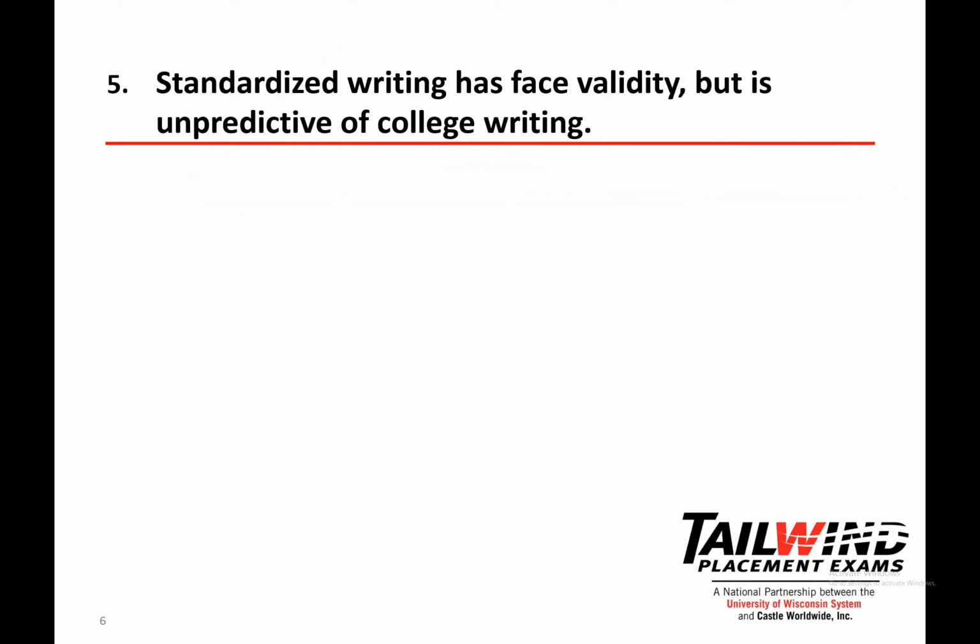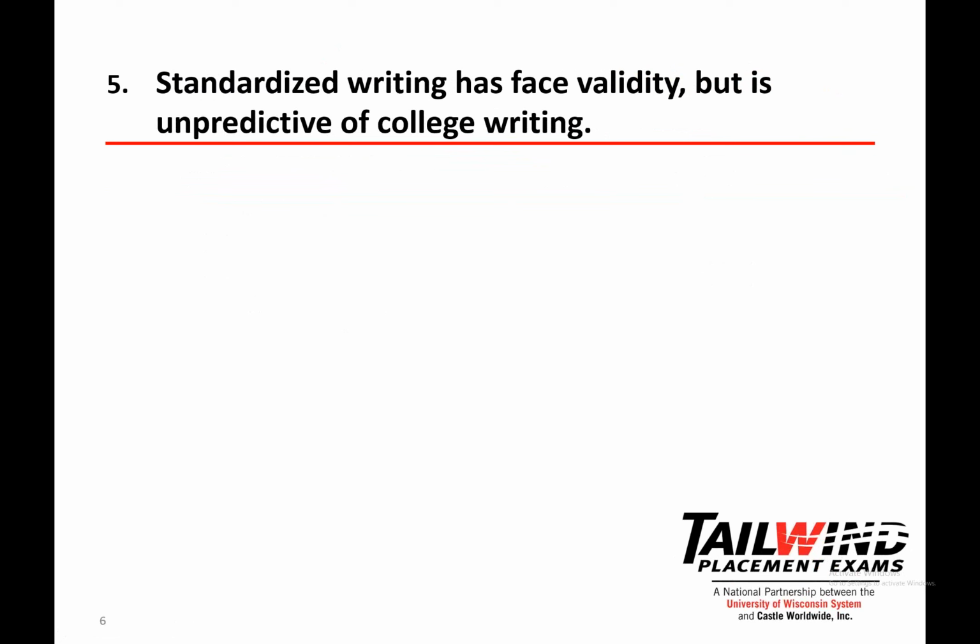Right, so this builds on what Sonia was just saying, which is that standardized writing has this face validity. It seems like the best way to know whether or not students can write is to ask them to write.